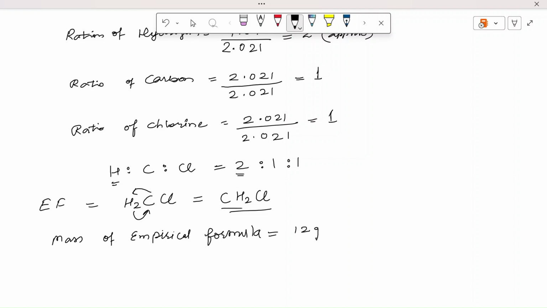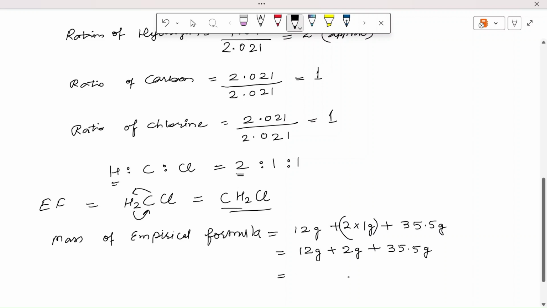Hydrogen has 1 gram, but there are two hydrogens, so multiplied with 2. And chlorine is 35.5 gram. When we calculate this, it becomes 12 gram plus 2 gram, which is 14 gram, plus 35.5 gram. It becomes 49.48 grams. This is the mass of the empirical formula.